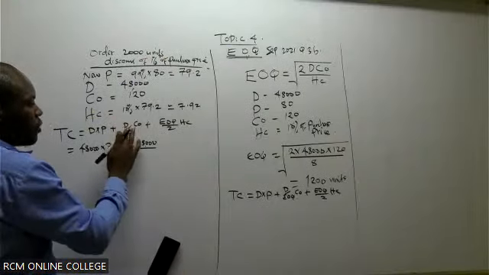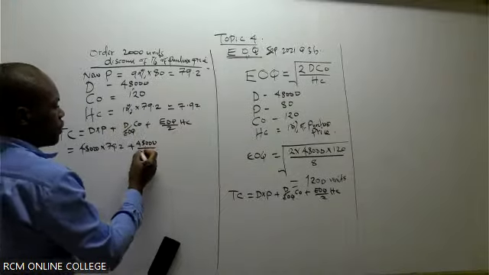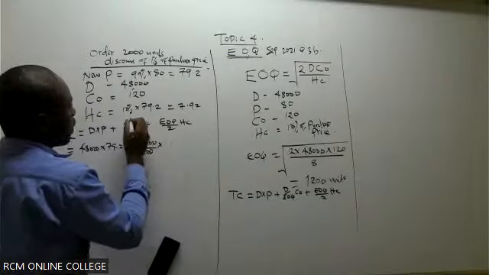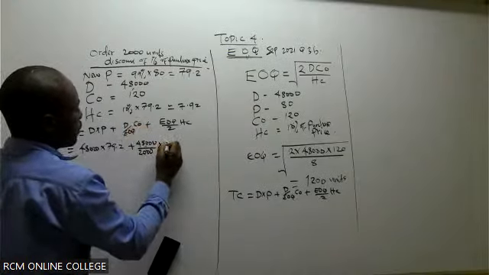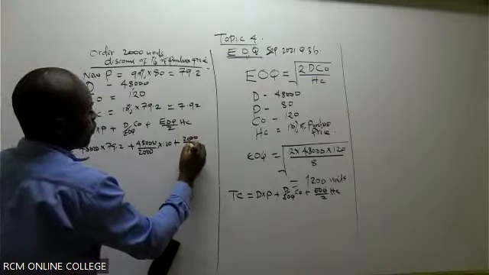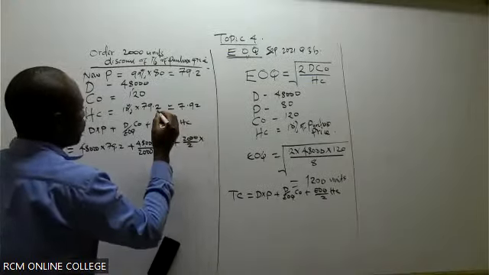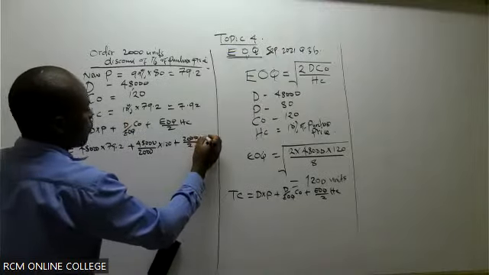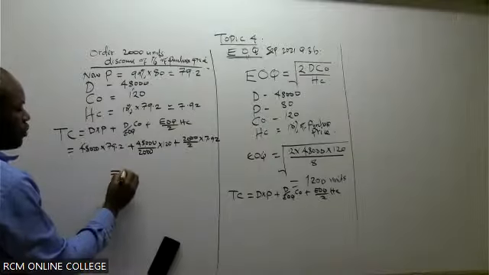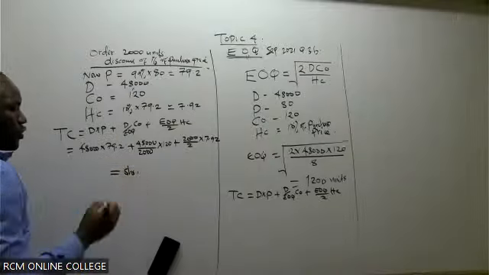You can either put demand over Q or economic order quantity; that will still work out for you. Times ordering cost, which is 120, plus 2,000 divided by 2, multiplied by holding cost, which you've given me as 7.92. If that is worked out, you should be able to arrive at the total cost.